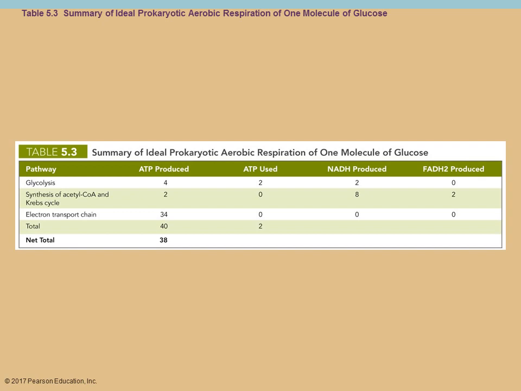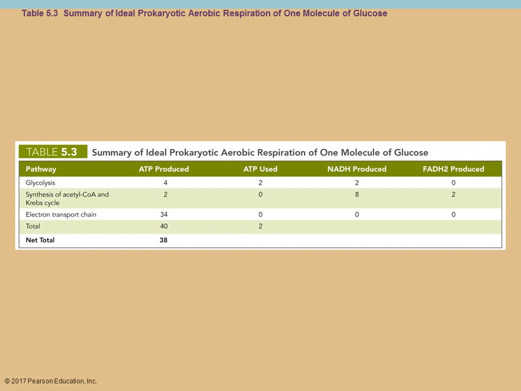Now, something else you have to keep in mind for the electron transport chain. You're saying that you're producing about 34 ATPs there. How did they get that number? Well, this is where you have to go back and count your NADHs and your FADH2s.